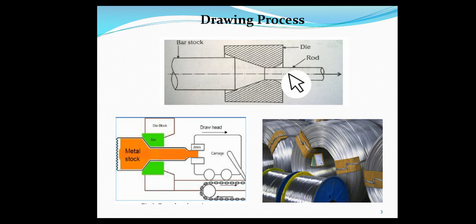Based on the mechanical properties of the workpiece material the dies will be selected. Clear. See, now once the raw material is selected, the end portion of the workpiece material is squeezed or cut for a certain length, then it will be clamped to the jaws of the external equipment. This one we call the external equipment. If you see here, the jaws will be gripped to the workpiece material.